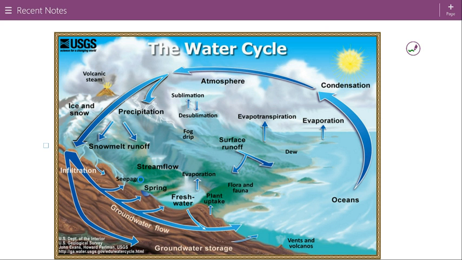That's what humidity is. And then when enough water vapor has condensed into the liquid form of a cloud, then we get precipitation. And that can be in a solid form of ice and snow or sleet or hail, or it can just be regular rain.